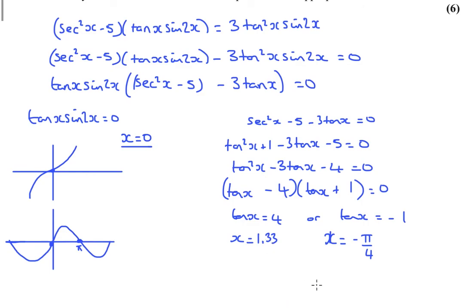So if I just press up on my calculator, it was 1.326. 1.326 to 3 decimal places. So those are our 3 answers. Don't need to look for any other answers because the range was only minus pi over 2 to pi over 2. The next value would be outside of the range.